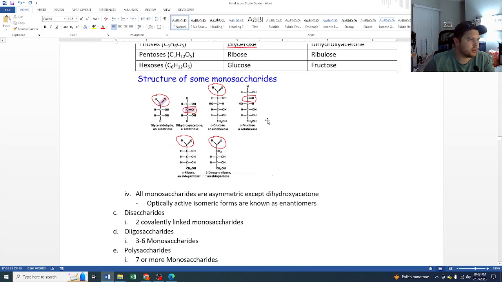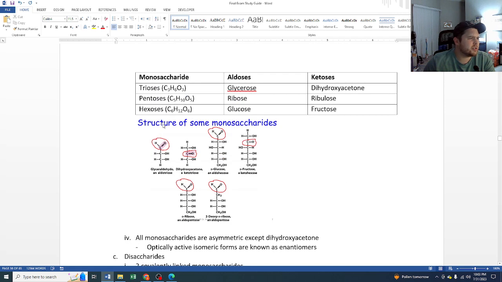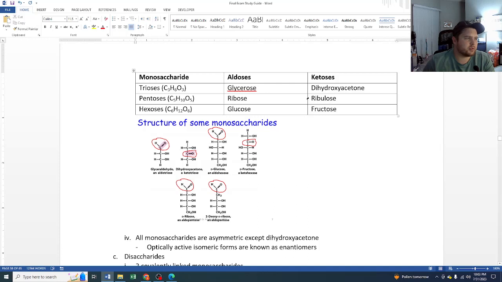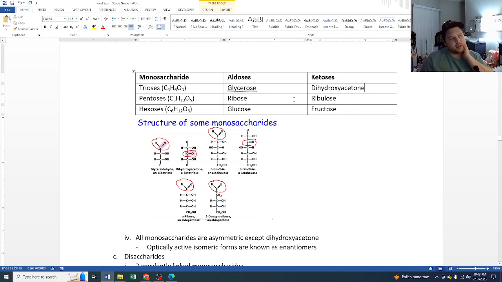All the structures of the monosaccharides. Don't spend a ton of time on this. Maybe brush up on the aldoses and the ketoses. Just like the ribose versus ribulose, glucose versus fructose. Could throw a question in there about that, but again, the gross memorization isn't always what will be tested. But yeah.